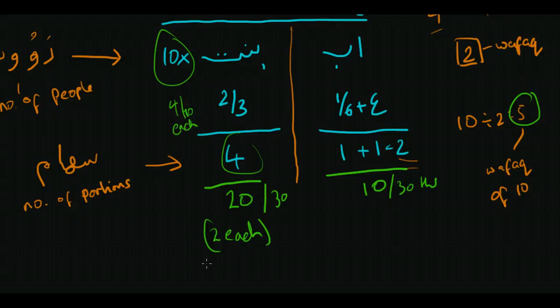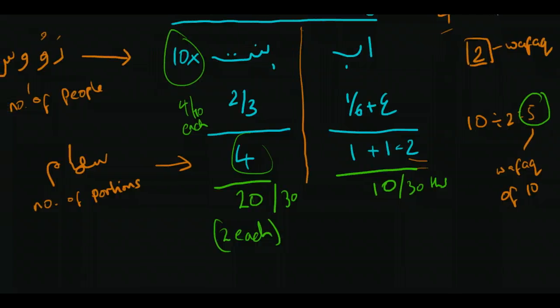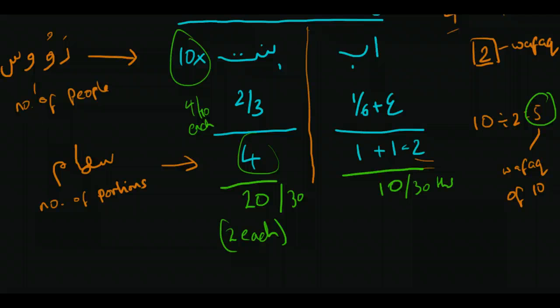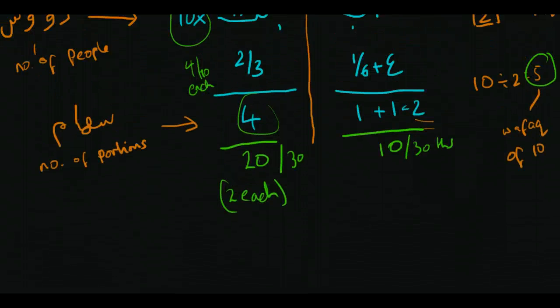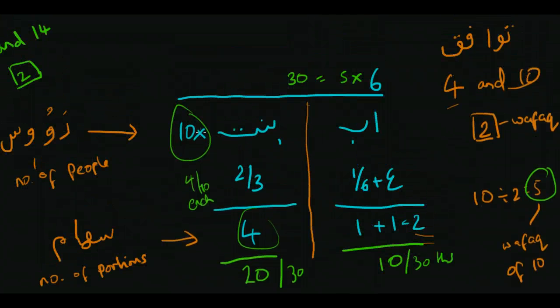This is important because we want to make sure that each beneficiary gets a full portion, to avoid situations with decimal points and fractions, which can lead to messy numbers. So that's one example where we have a tawafuk relationship between the ru'us and the siham.